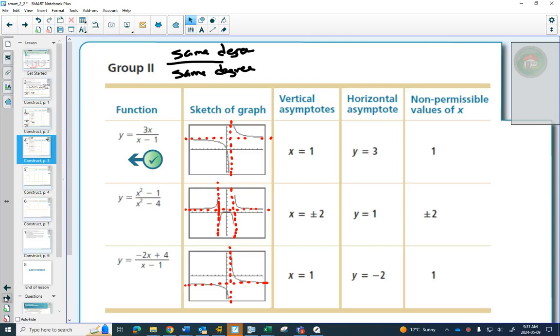I would like you to either use your graphic calculator or Desmos at home and have group 3 done for the beginning of class tomorrow. When we can start to get practicing this.